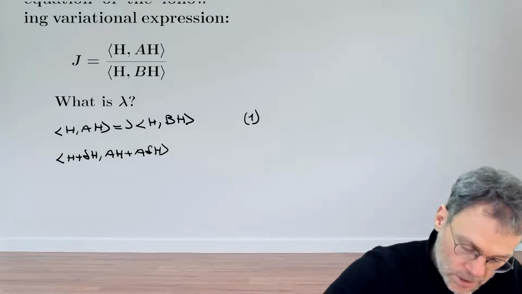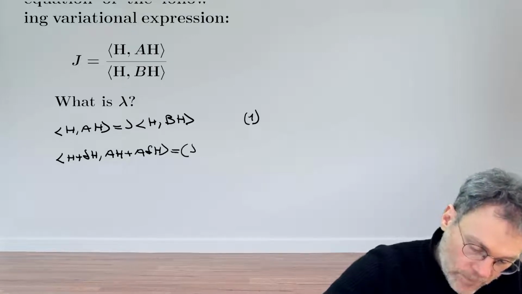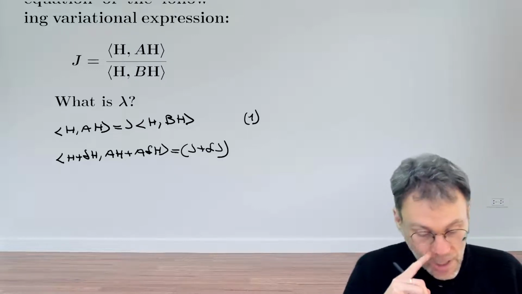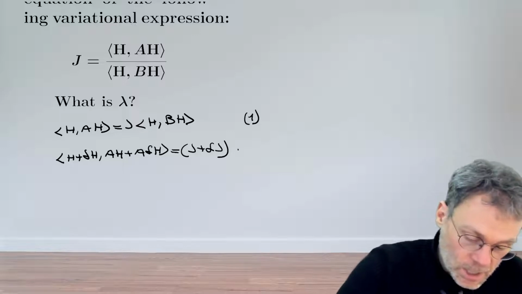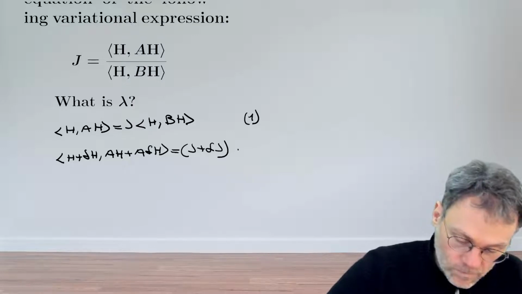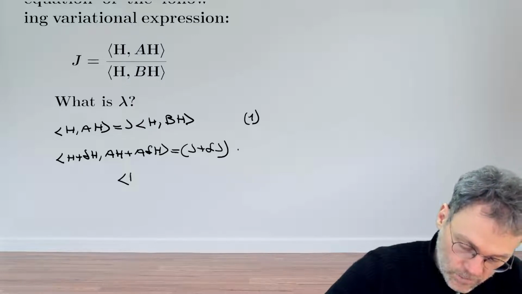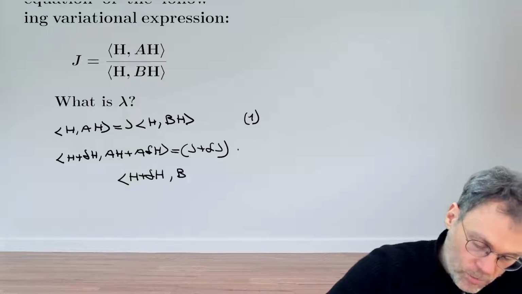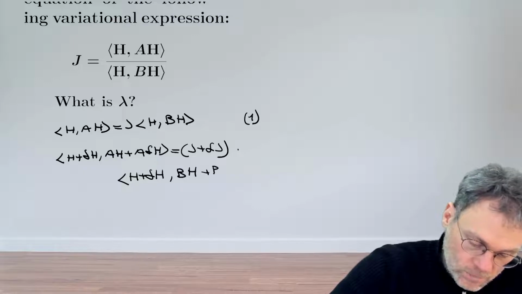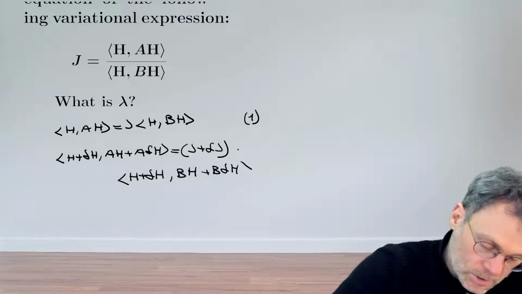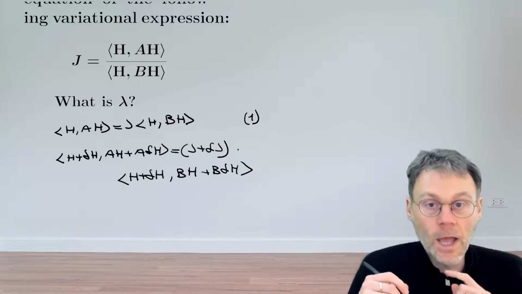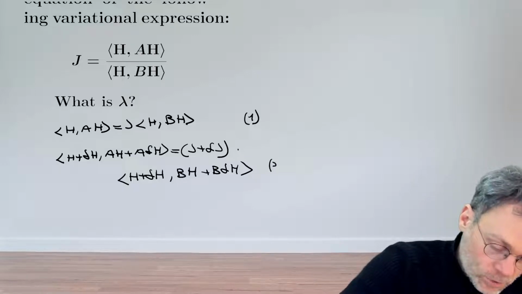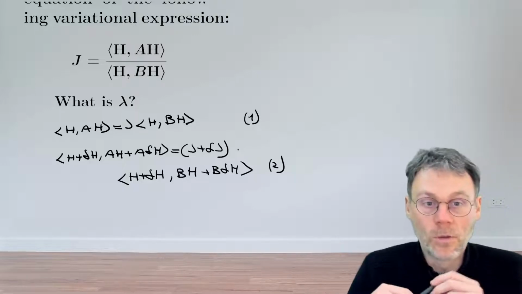So that's the left-hand side. For the right-hand side, we will have a corresponding change in j. So j plus delta j times, and then for the final factor, we have h plus delta h, B operating upon h plus B operating upon delta h. And let's call this second perturbed equation, equation number 2.